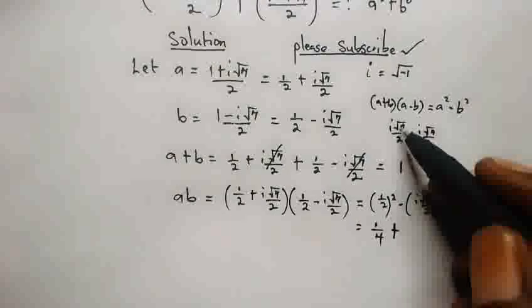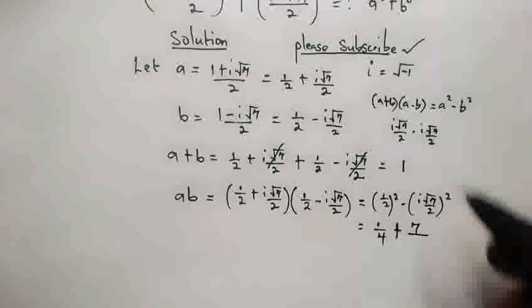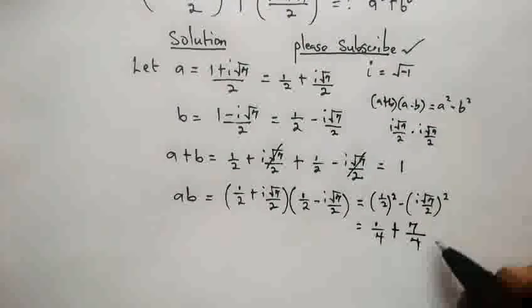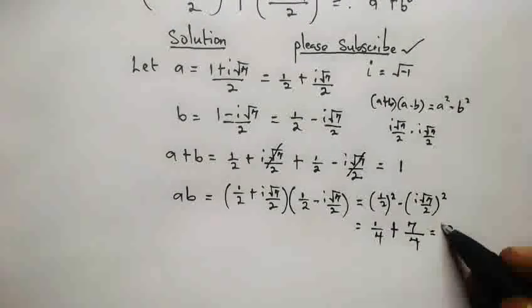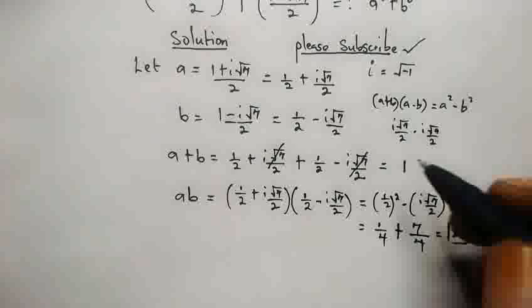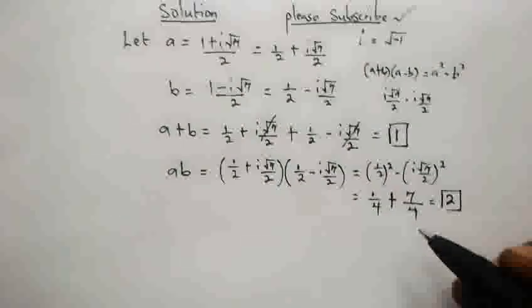And here √7 times √7 is 7 over 2 times 2, that's 4. So if we add this together, we have 8 over 4, and this is equal to 2. Their product is equal to 2, and their sum equals 1.